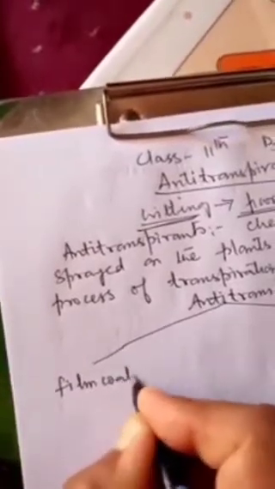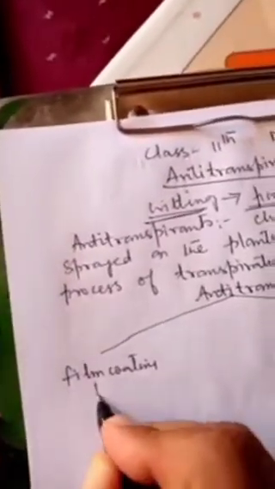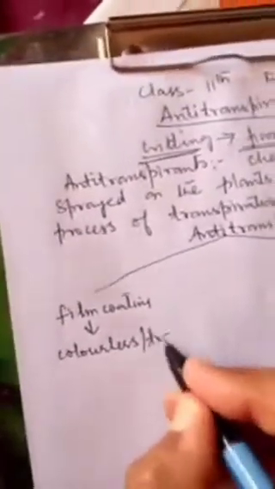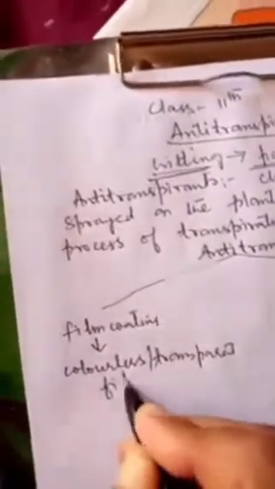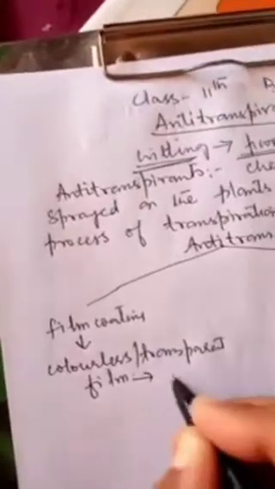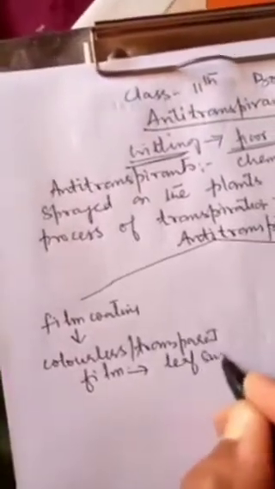In that case, they form a colorless, transparent film on the leaf surface, where the leaf is the main organ of transpiration.